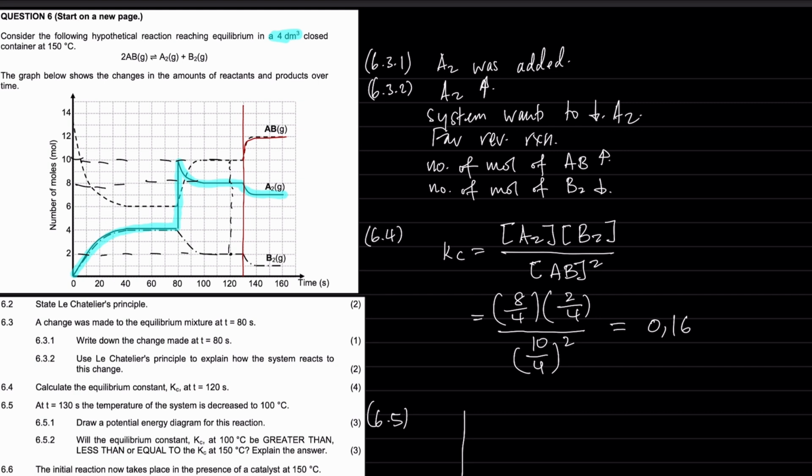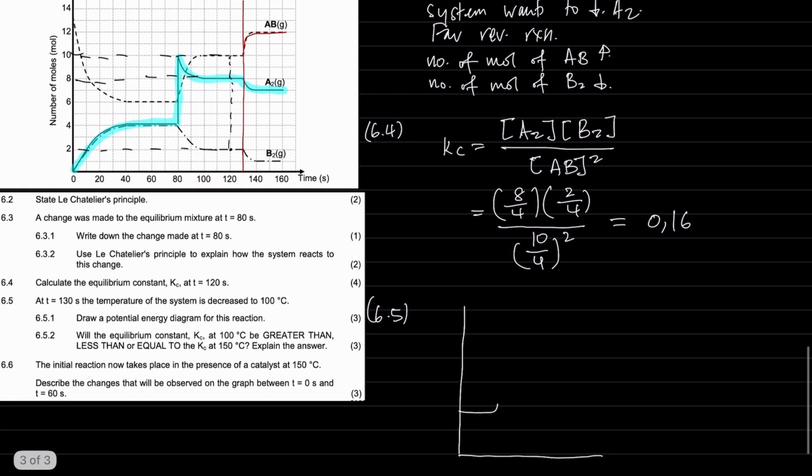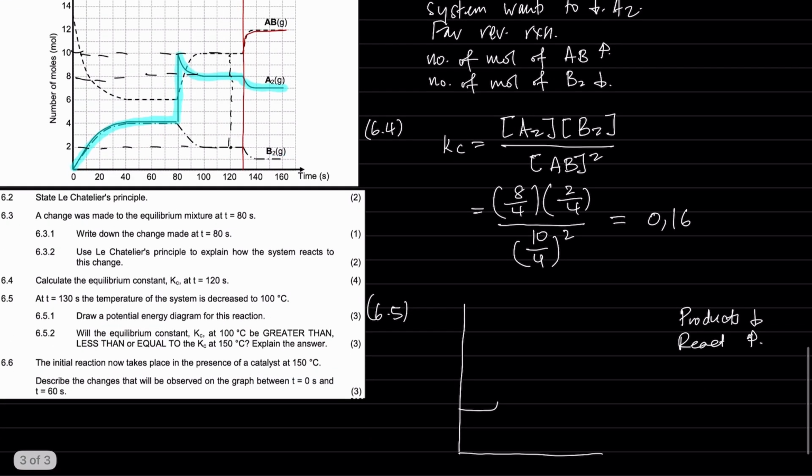So in other words, we can say, let's make a note on the side here, that the products decreased, reactant increased. So that must mean that my reverse reaction was favored.